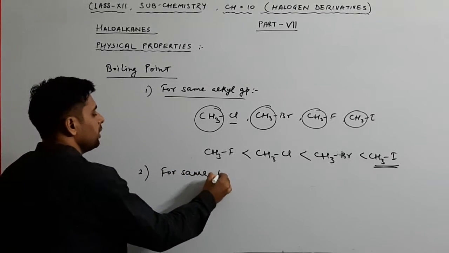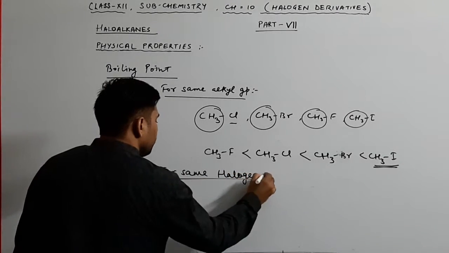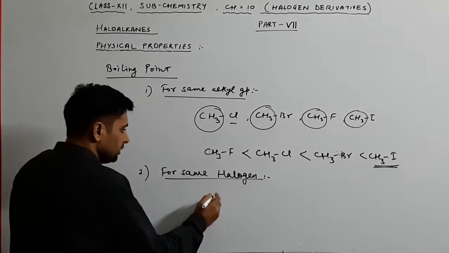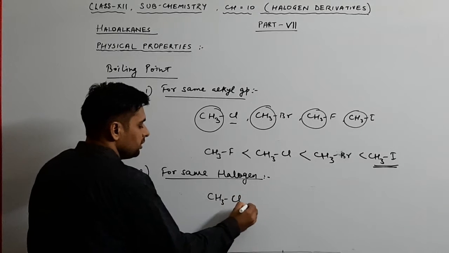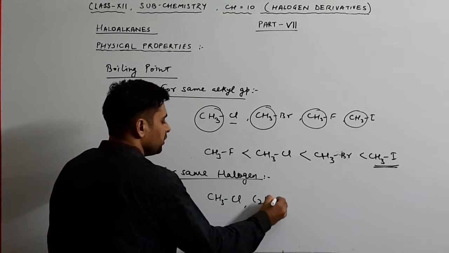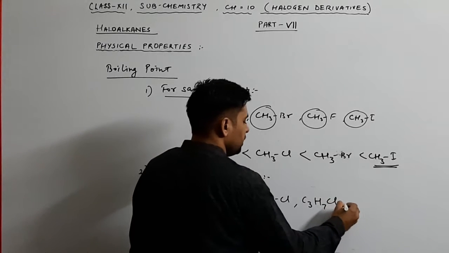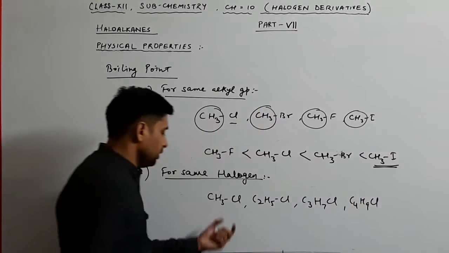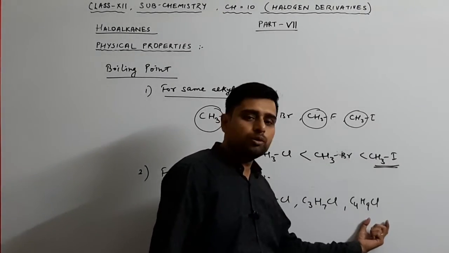For same halogen, यदि हमने लिया सेम हेलोजन किसी कंपाउंड में, then what is the boiling point of that compounds? See here, that is CH3Cl, then C2H5Cl, C3H7Cl, and at last C4H9Cl. Chloromethane, chloroethane, chloropropane, chlorobutane.